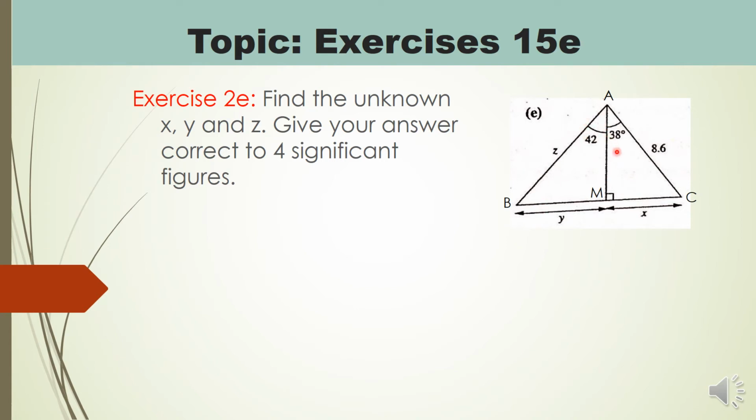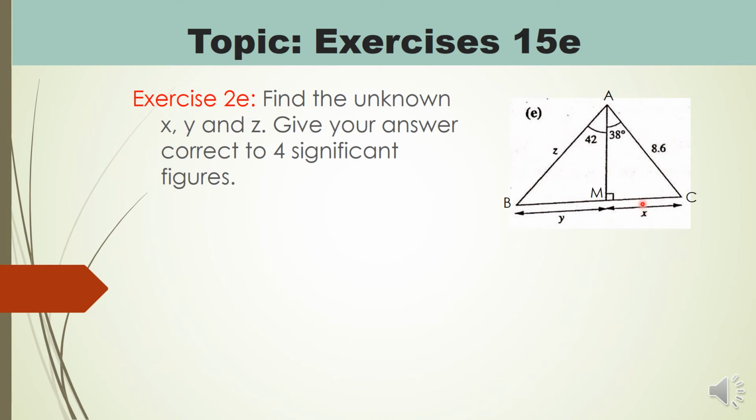But for this angle, we know the side. The side is 8.6, and that is the hypotenuse. When you know the hypotenuse, you can find the opposite sides and also the adjacent side.